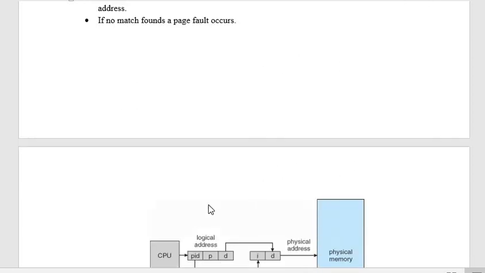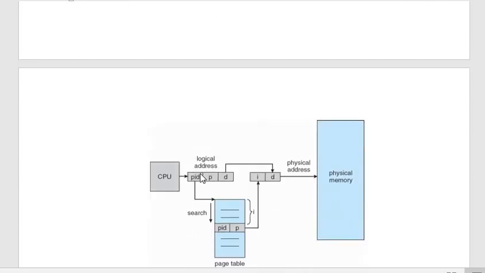So we need to look for the combination of PID with P as the entry. When it generates, pick the combination of PID with P and search the entry. You have to match these two in the entries of the inverted page table. Suppose you find that combination somewhere here, you fetch its index.